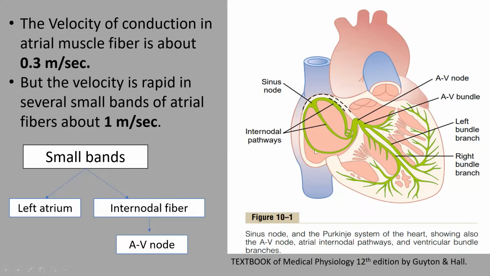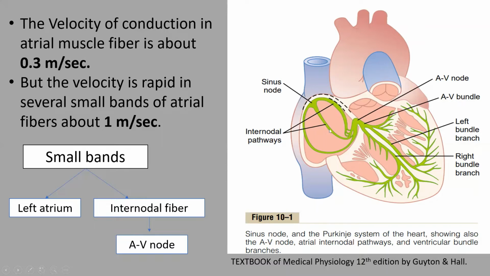And in this internodal pathway, the conductivity is very fast, almost around 1 meter per second. Through the internodal pathway, the AV node receives the impulse very fast.